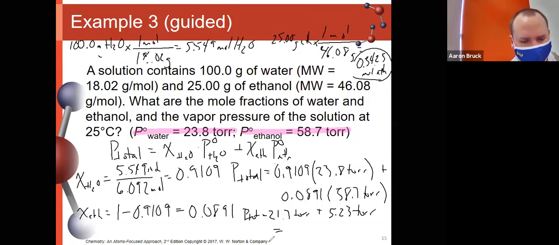Put those together, rounding to 1 decimal place because that is all that is possible out of the first. We get 26.9 torr.